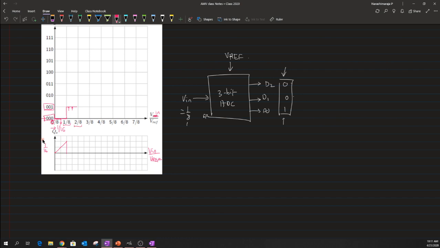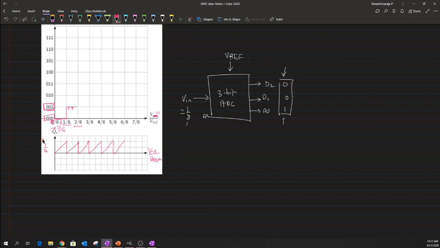It has an error that keeps rising, and the moment the input of my signal goes to 2 by 8, the error grows up and then directly shifts down to 0, so the quantization error will be constructed as a kind of sawtooth waveform, which looks something like this. Hope that you're clear with this basic definition.